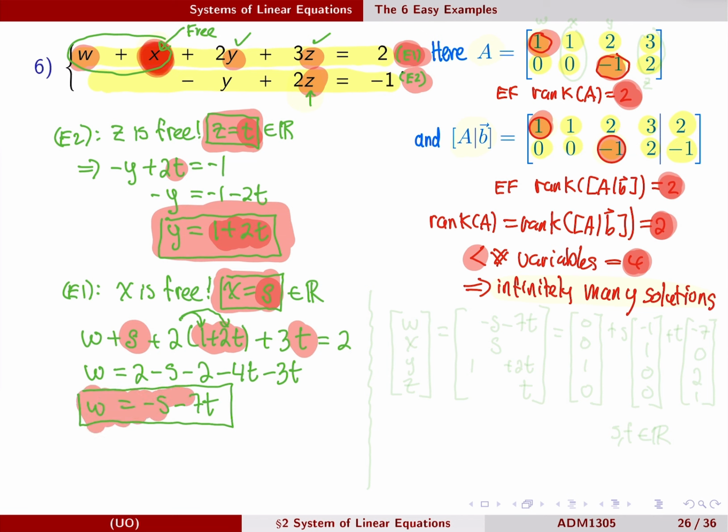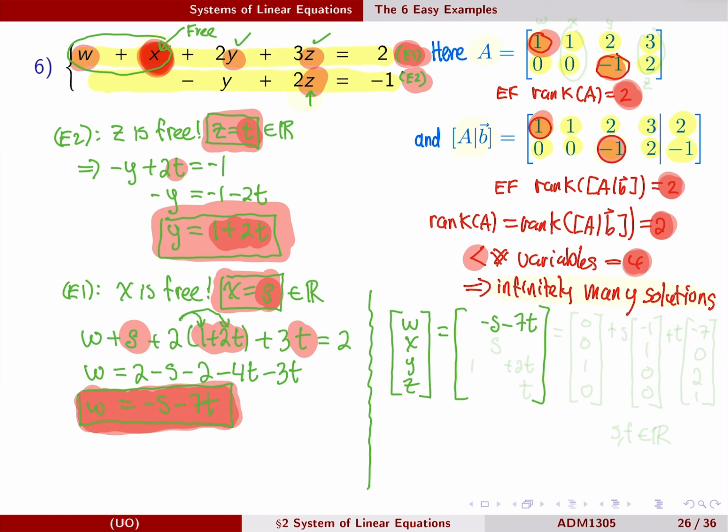And now you can just assemble everything. So here we go. Variable assemble. So w, x, y, z is equal to w, freshly computed to be minus s minus 7t, x, which is simply s, y, which is 1 plus 2t, and then z is simply t.